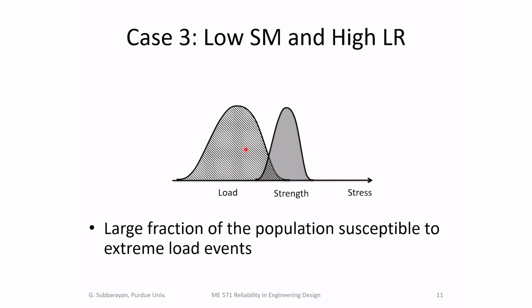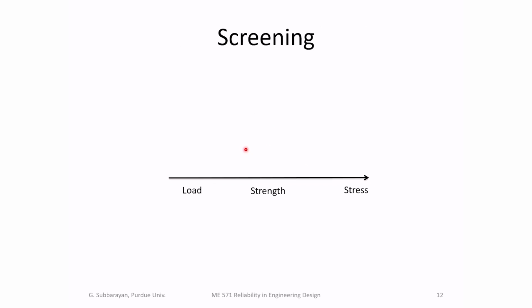Now, having described these three possibilities, I must also mention something that is commonly done in industrial practice, and that is screening. So let's say I have an at-risk population. Is there some way I can eliminate the at-risk population before I send the product out to the field? And that is through something we call screening.